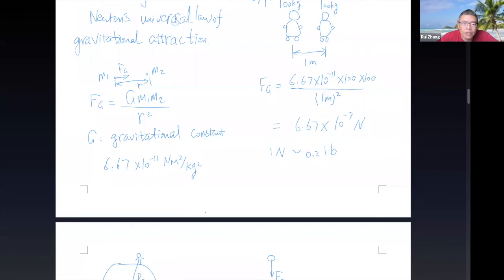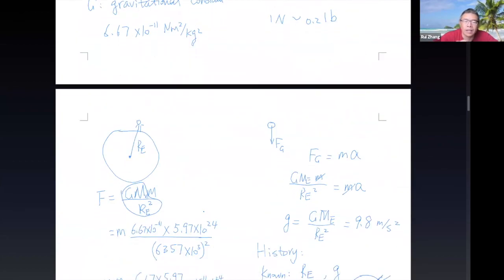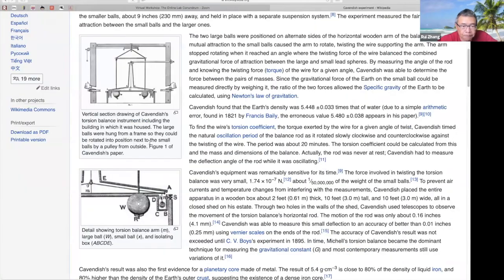So what Cavendish did was design something really, really delicate. He has two metal balls hanging by a really, really thin metal string. And he has two other weights on the two sides, put there to attract these two metal balls.